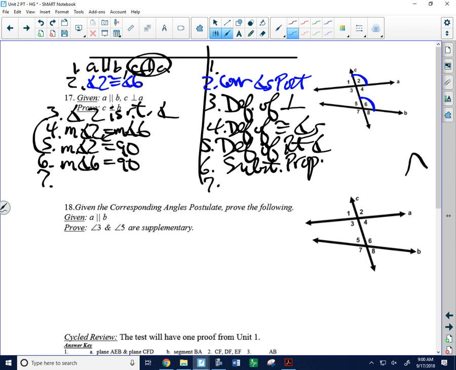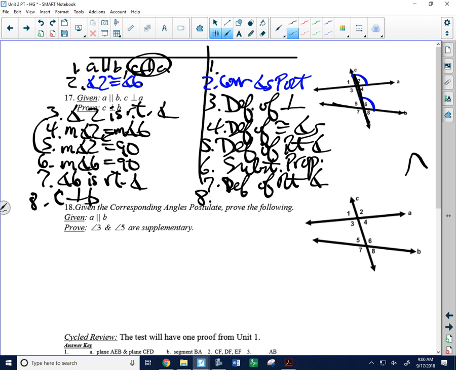So if it's 90, then angle 6 is a right angle, definition of right angle. That is what it means to be a right angle. And finally, if angle 6 is a right angle, then these two lines, C and B, are perpendicular. C perpendicular to B, definition of perpendicular.